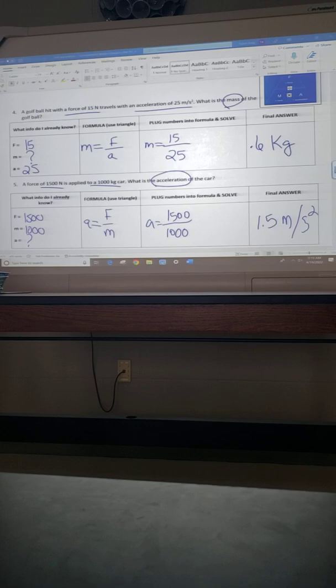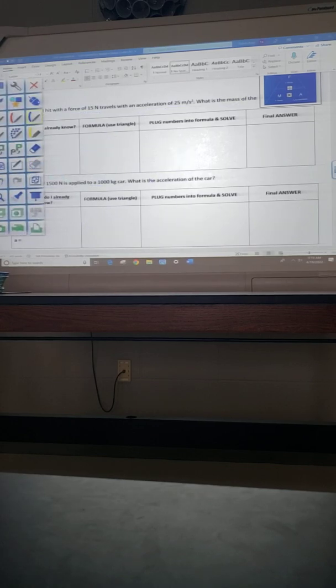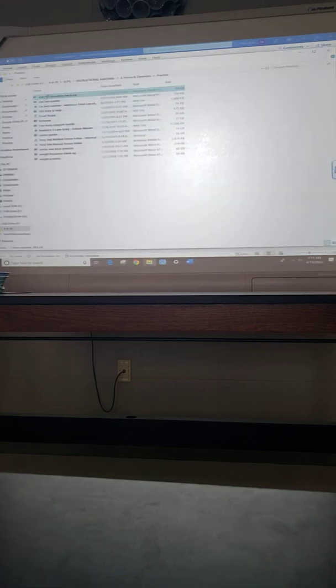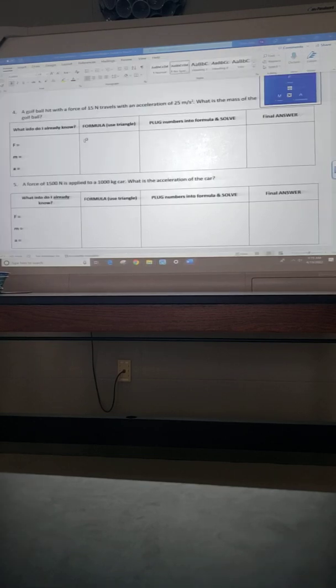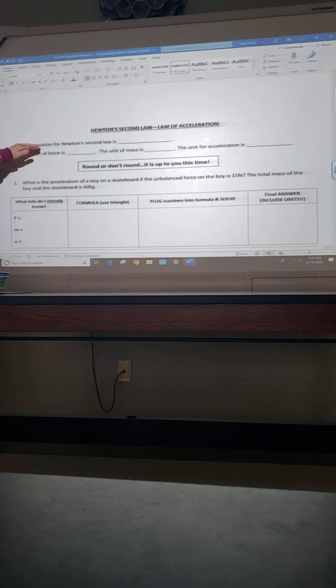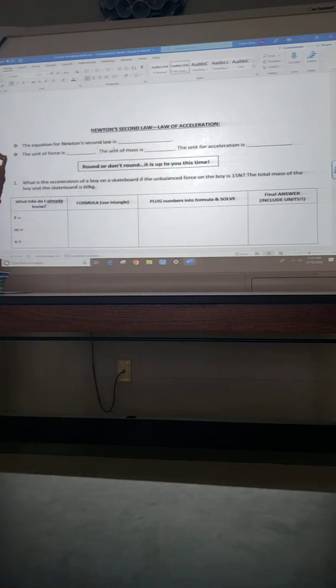What I would like you to do is, I want to show you something real quick. In a minute, I'm going to give you your assignment paper. I want you to have these things filled in: the unit for force, the unit for mass, and the unit for acceleration, right? You need to fill those in.